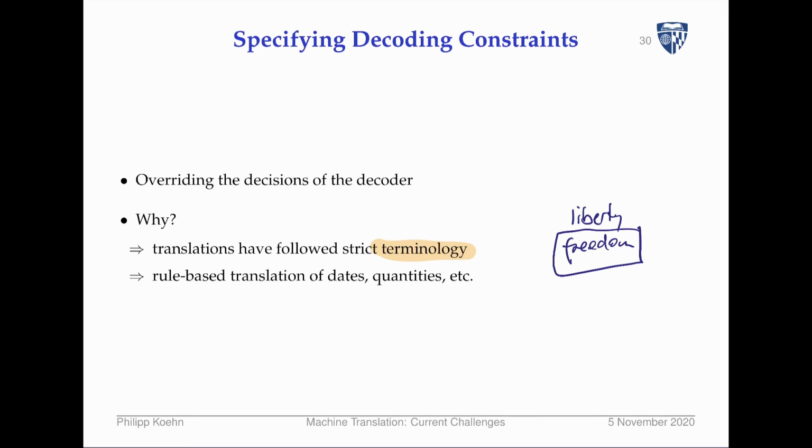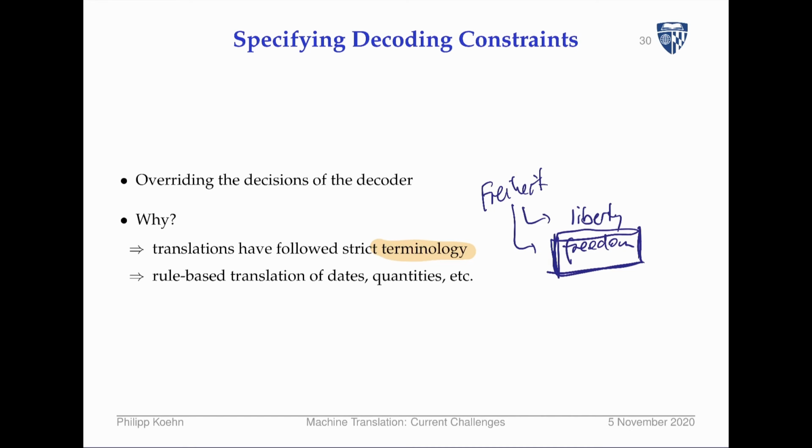That's the word we want to use. So whenever you have a German word like Freiheit, which might translate to either of these, don't let the neural machine translation system make its decision. Always go with freedom. So you want to override the neural machine translation's decisions on how to translate words.